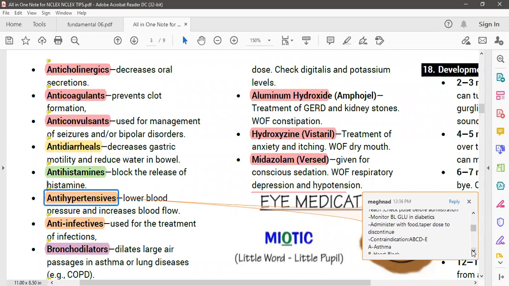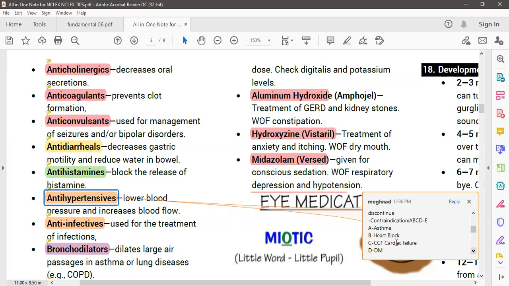during discontinuation. There are some contraindications of beta blocker. Easy way to remember: A, B, C, D, and E. A stands for asthma. If your patient has asthma, don't give beta blocker. B stands for heart block. If your patient has a heart block, don't give beta blocker.